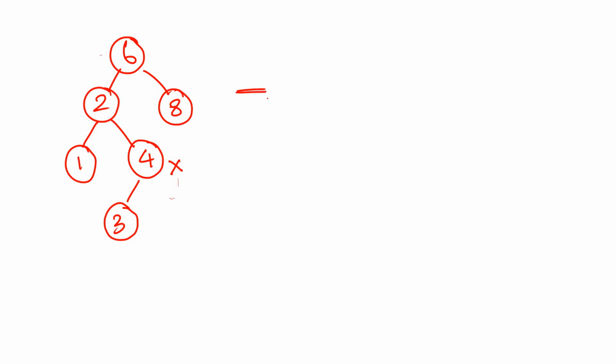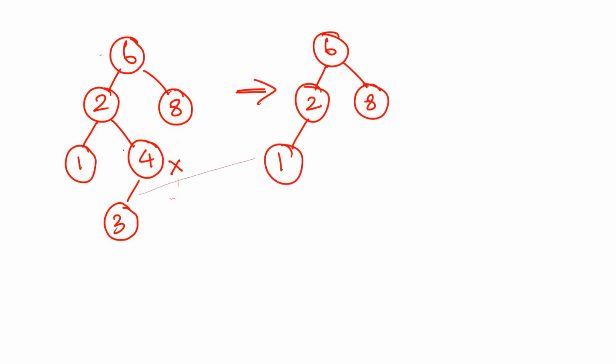Now after deletion of this particular element, my tree will be like this. So this will get detached from the BST and 3 will get attached to right of element 2.